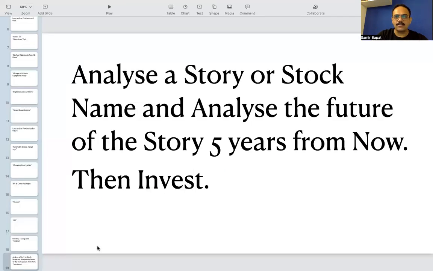Now, second thing is once I know some company, if I am able to find a company, then I need to analyze the company, right? For analyzing those companies, I should learn some basics of analysis, how to read the numbers. So is everyone clear that it is always recommended to start with a story rather than search based on the ratio? What I do typically is I search for news.